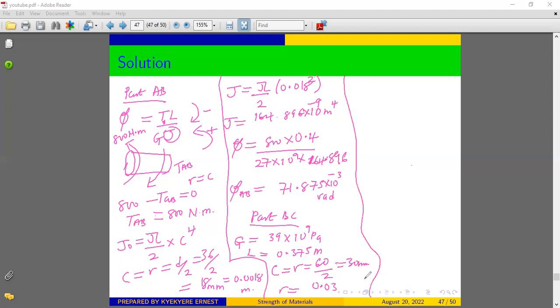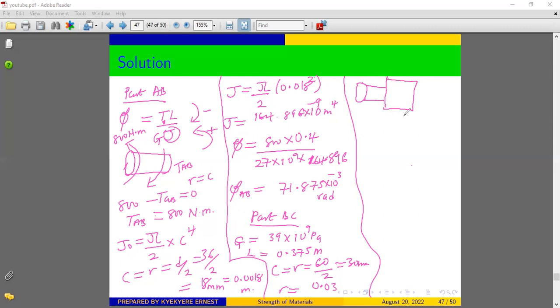And from there, we can determine the internal torque from B to C. We have this part like this. Then that section is a bit bigger.